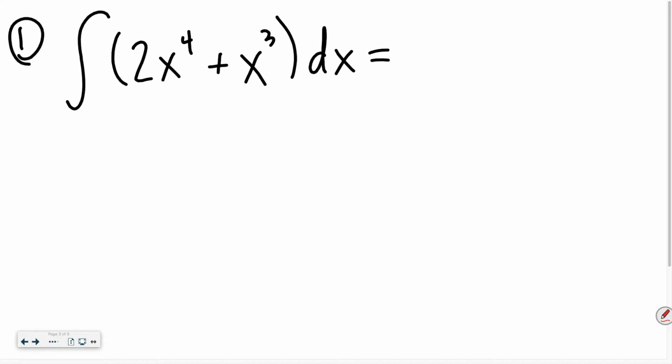Okay, so in this integral, there are 2 terms. That's fine. We can take the antiderivative of each term separately. So we have 2x to the 4th. Okay, let's think about that x to the 4th. With our rule, we said we had to increase the power by 1 and multiply by its reciprocal.